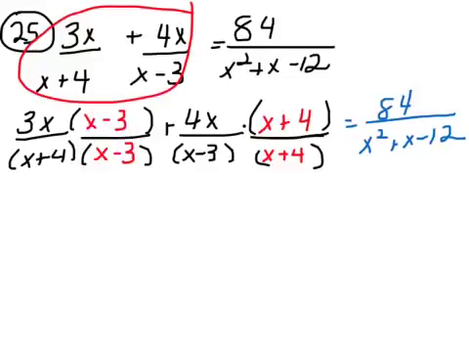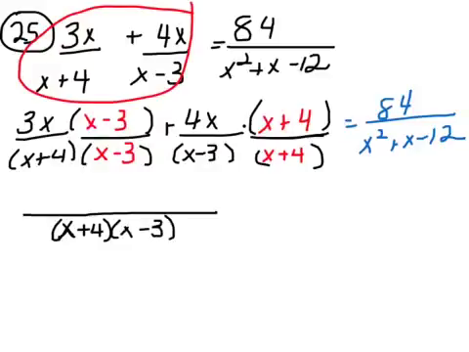Okay. All right, so now if I go to clean up the left-hand side, I can put these two fractions together. They're going to have a common denominator of x plus 4, x minus 3. It doesn't matter which one of the factors I write first. I could just as easily have written x minus 3 times x plus 4 there. But I got to clean up what's on the numerator on this left-hand side. 3x times x is 3x squared.